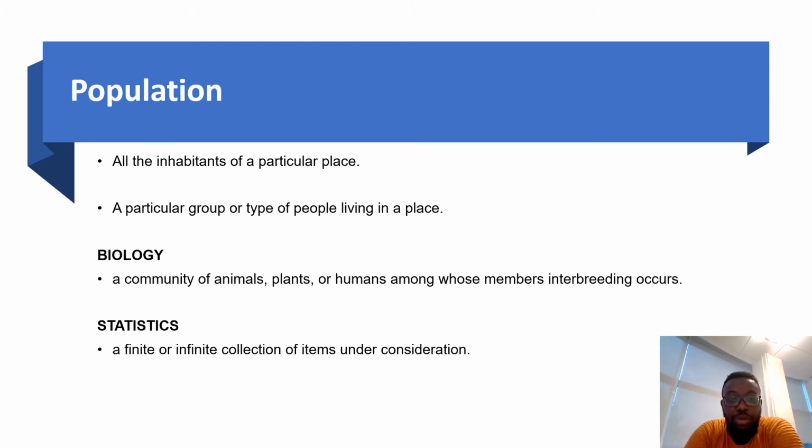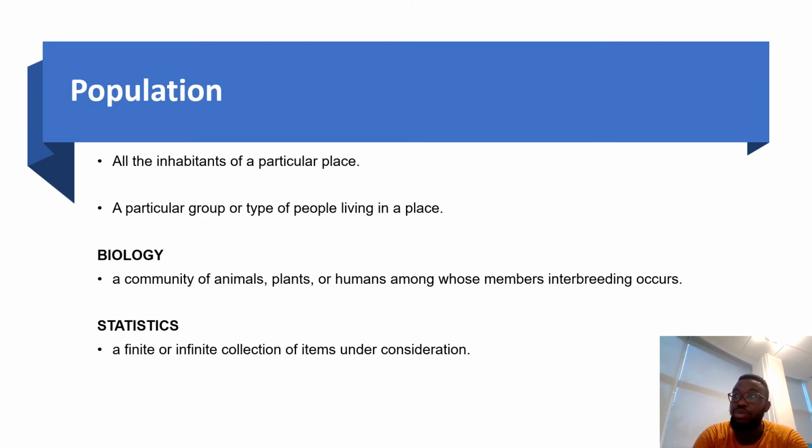So let's look at population. What is population? Population is all the inhabitants of a particular place. This is almost the same as the definition of a community. So if you want to look at the population of a place, you're putting into consideration every inhabitant of a particular place.